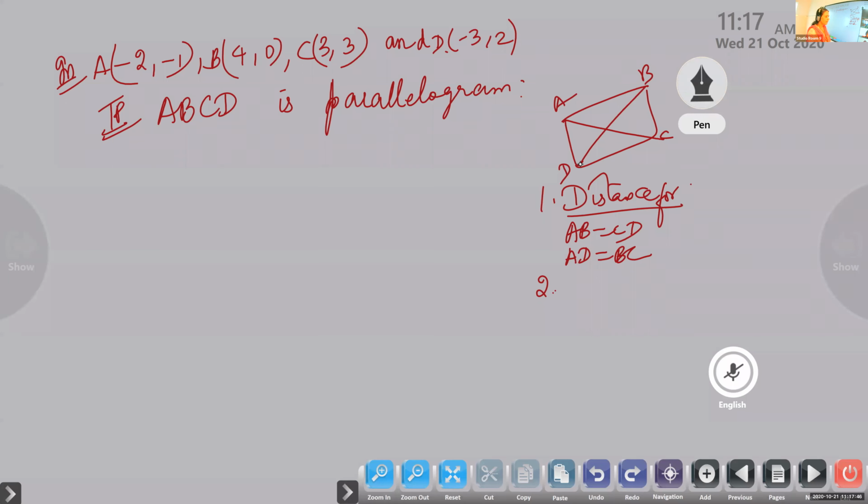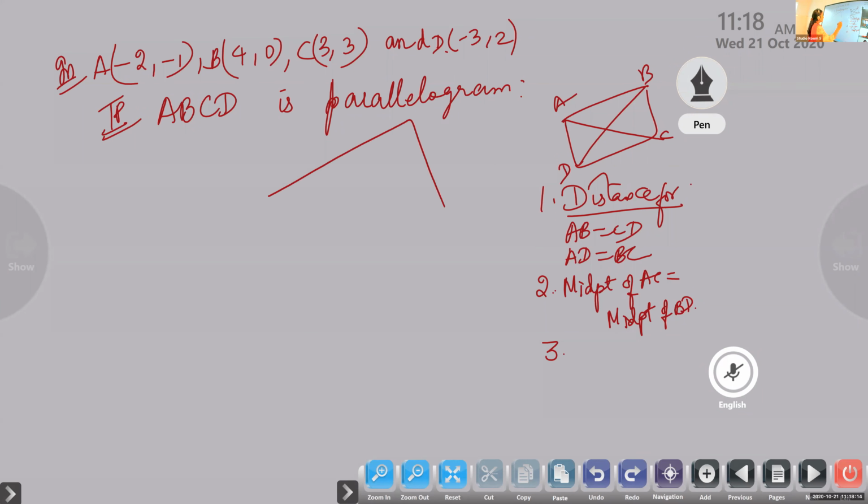Diagonals bisect each other. So the second method is we can prove that the midpoint of AC is the same as the midpoint of BD. These two methods we have learned in 10th standard. Now we are going to learn the third method to check whether it is a parallelogram or not.